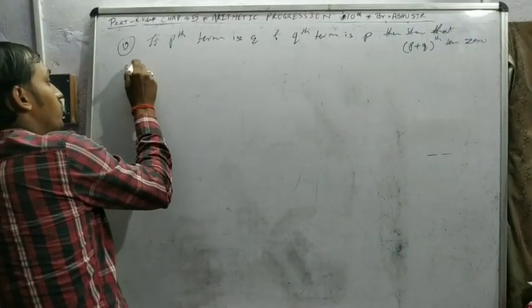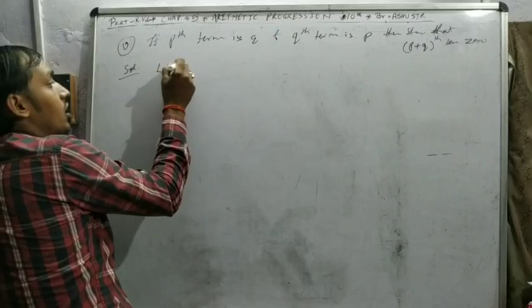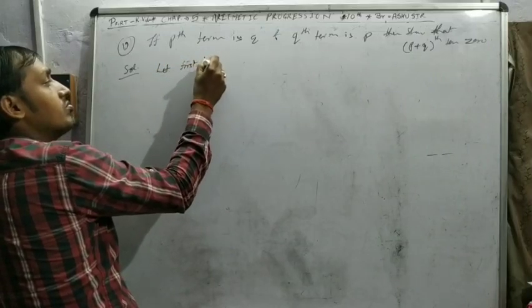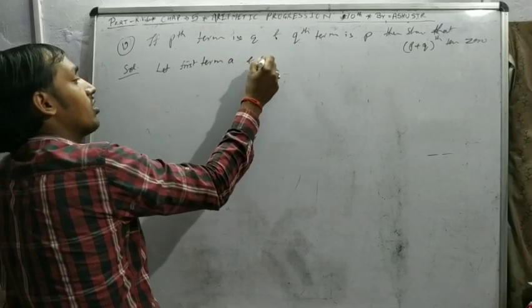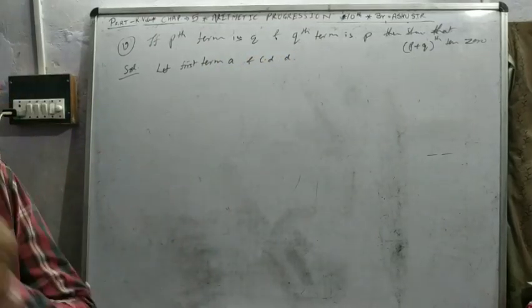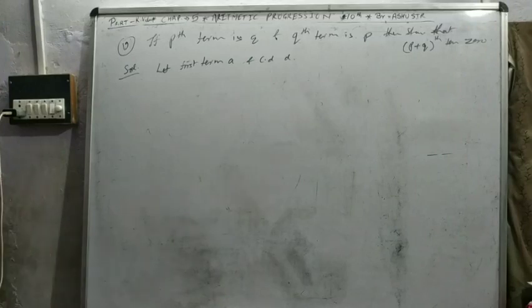So for the solution, let the first term be A and the common difference D. It's a universal line for all types of questions where the AP is not given.